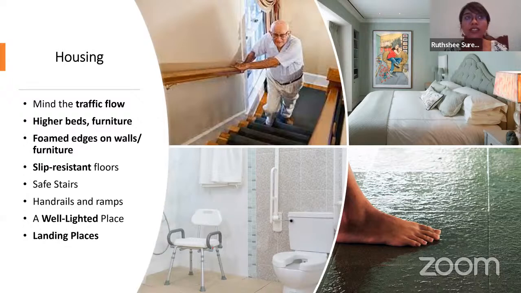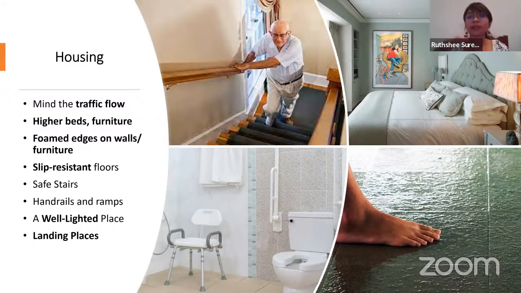Another thing is, nowadays we have a lot of beds and a lot of furniture which is sort of low seated. It's supposed to make the house look fancy and probably more spacious, and a lot of us end up buying this sort of furniture just to make our house look fancy. Now, this becomes a problem for the elderly to sit and get up because of joint issues.